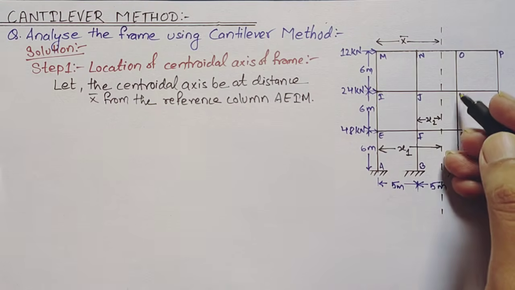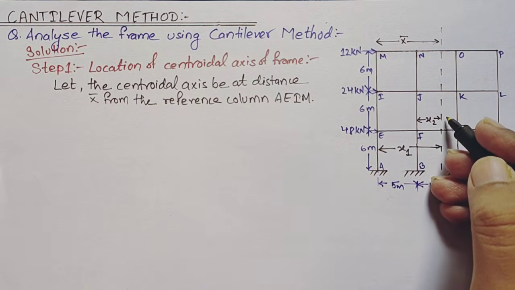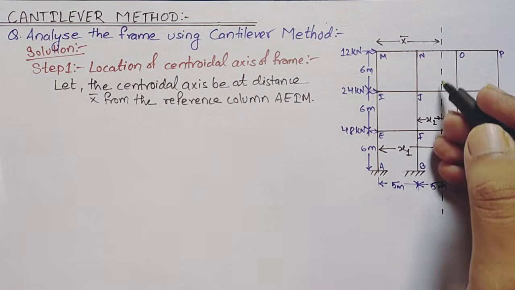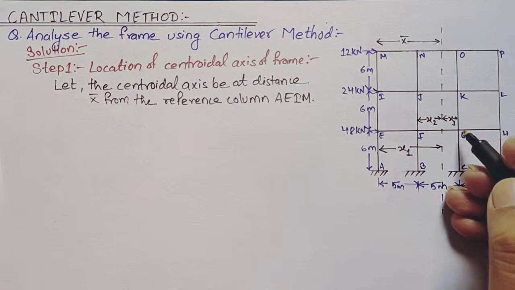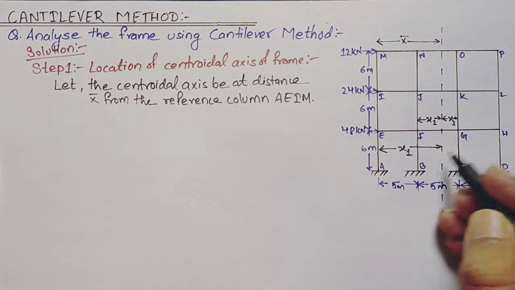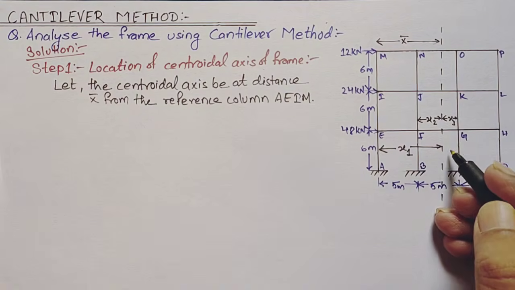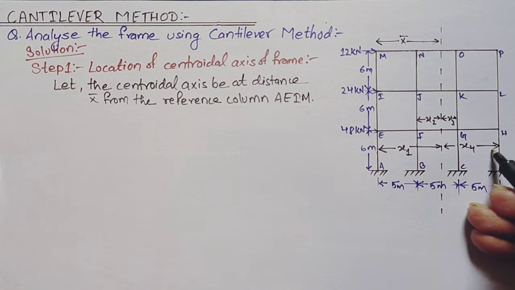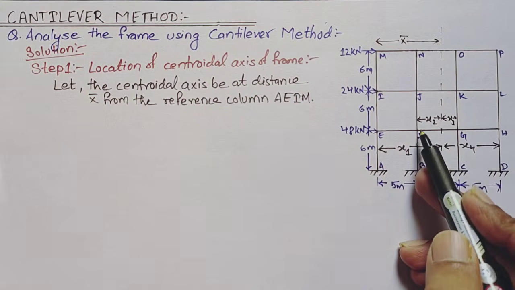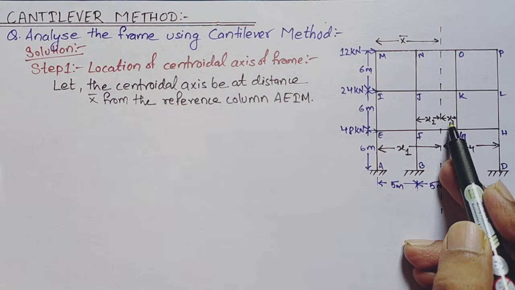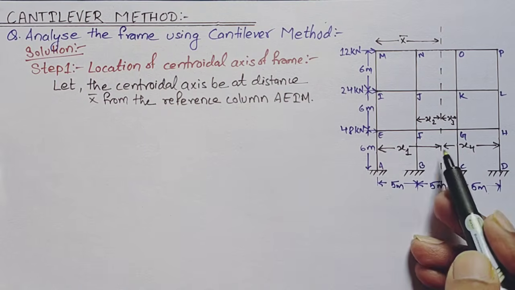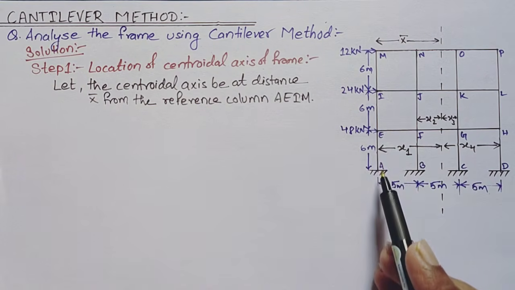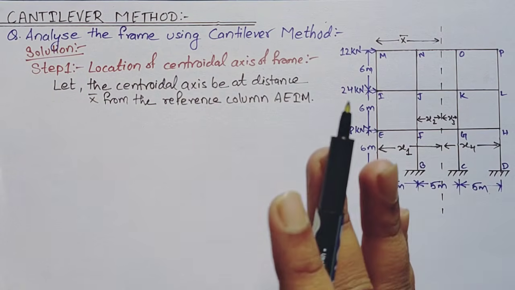Similarly, this third column is at distance x3 from the centroidal axis of the frame. Similarly, again assume that this fourth column is at distance x4 from the centroidal axis of the frame. Second column has distance x2, third column has x3, first column has x1 from the centroidal axis of the frame, which is at distance x bar from the column AEIM, which is our reference column.